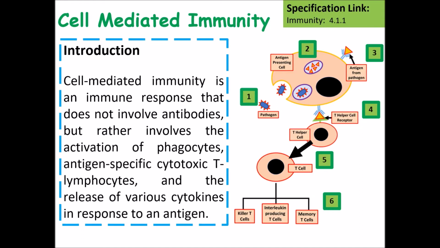Cell-mediated immunity is an immune response that does not involve antibodies but rather involves the activation of phagocytes, antigen-specific cytotoxic T lymphocytes, and the release of various cytokines in response to an antigen.